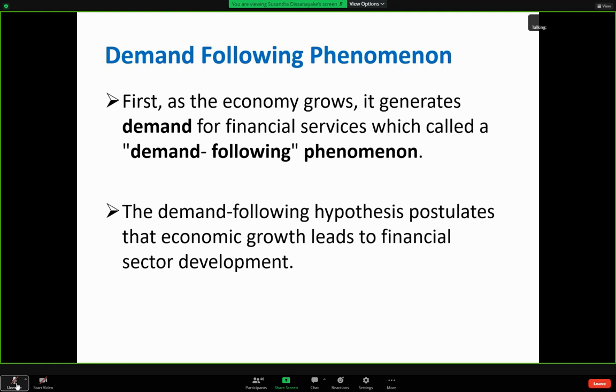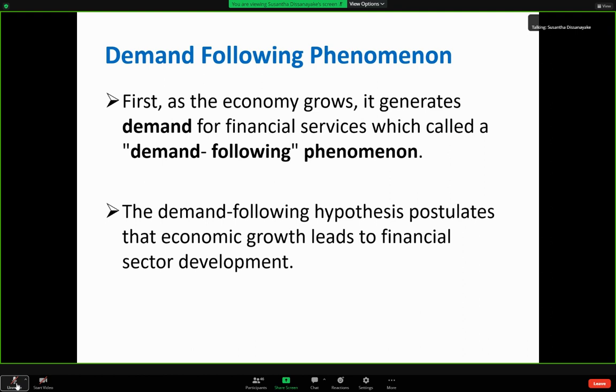So in demand following phenomena, who is coming first, who is coming into the picture first? The economic growth will come in. Then with that, later on, the finance sector development is happening.